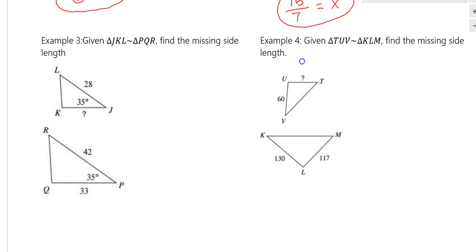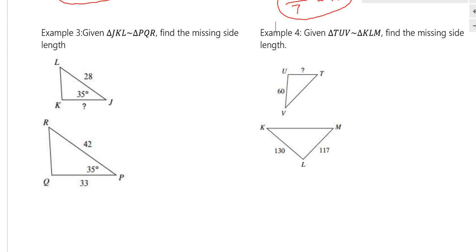All right. Let's look at then some examples for finding the missing side of a triangle. So JKL is similar to PQR. Find the missing side length. So for these, you just have to decide which one you want to be your pre-image and which one you want to be your image. It doesn't really matter as long as you stay the same.